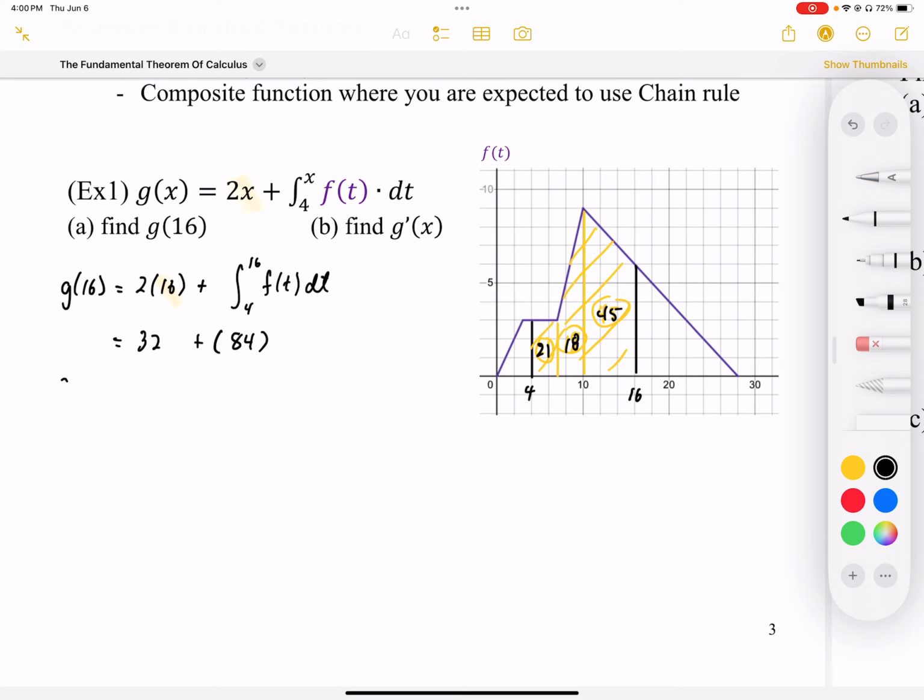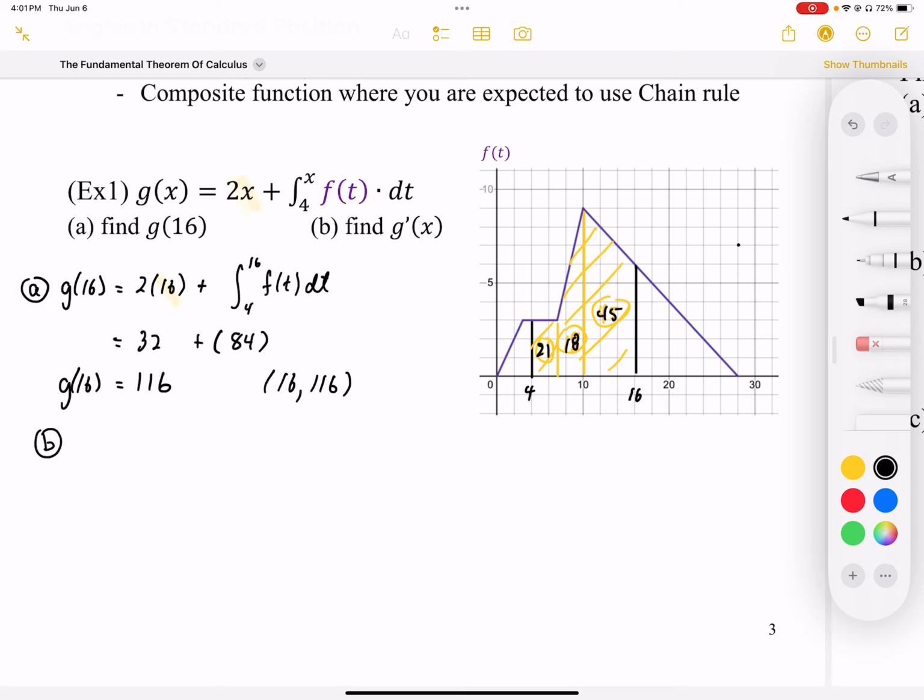So the value of the g function when x is 16 can be calculated as 116. So we have an ordered pair of 16, 116 on the g function. We could determine that based on combining these different parts of the functions, the 2x with the area. So that's part A.